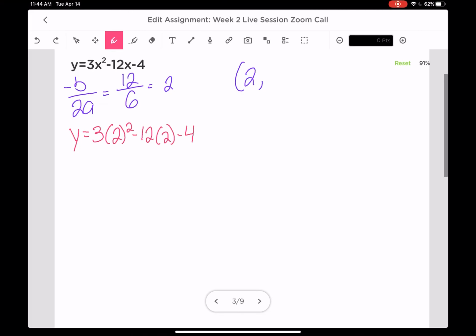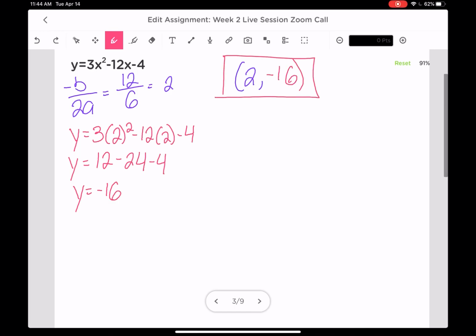So 2 squared is 4. 4 times 3 is 12. Minus 12 times 2, which is 24, minus 4. So y is equal to 12 minus 24, which is negative 12, minus 4 gives us negative 16. So the y value of our vertex is negative 16.